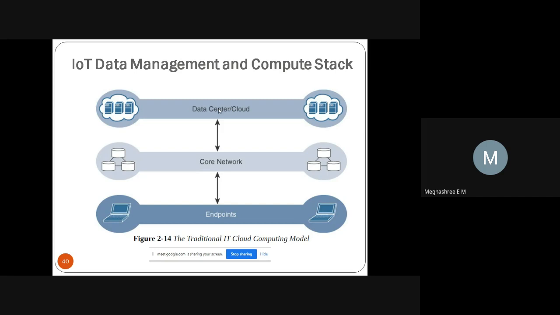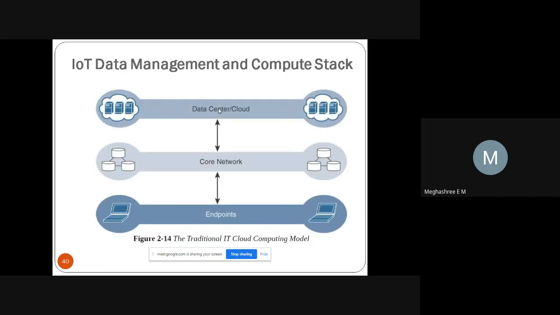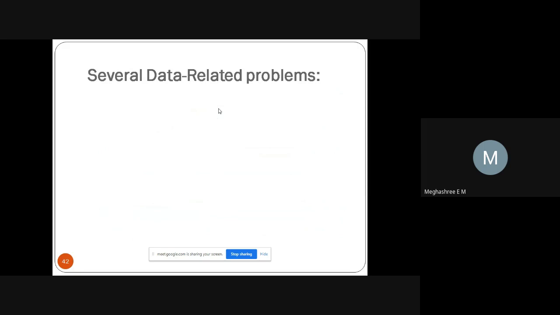Now we'll see why we add one more layer to this network. Whatever I explained in this slide is given here. With respect to this traditional model, it faces a number of problems with respect to data.